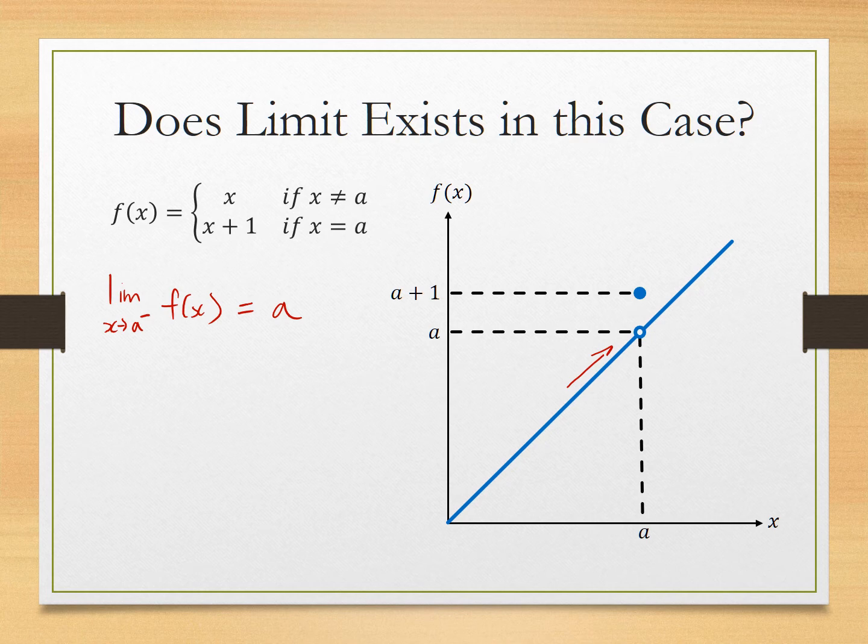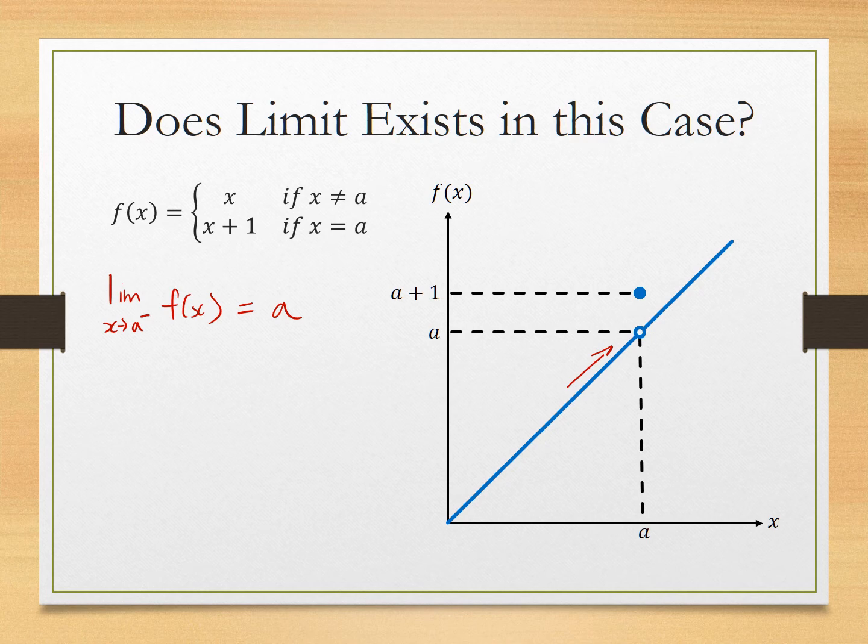What limit is about is what the function is approaching. And if you look at the diagram, it's approaching a. It's not approaching a plus 1, because the line is clearly passing through a, not a plus 1.